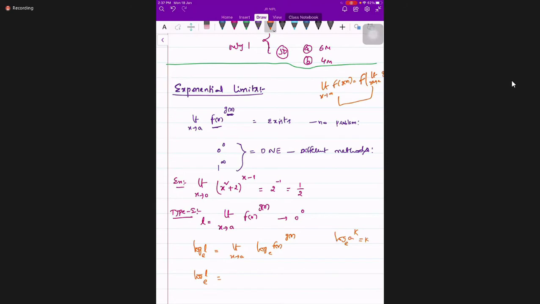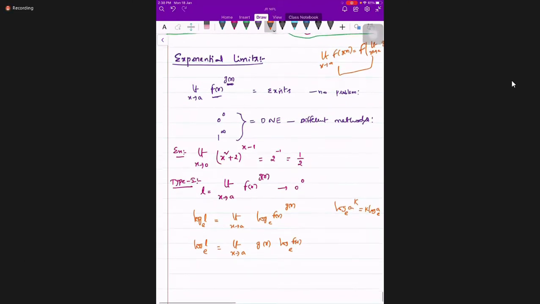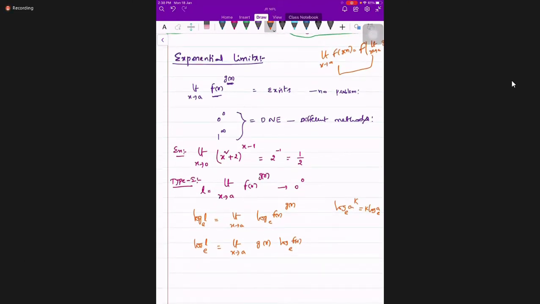All of you know this point, students. It is k log a to the base e. So limit x tends to a, you can write this as g of x into log of f of x to the base e.